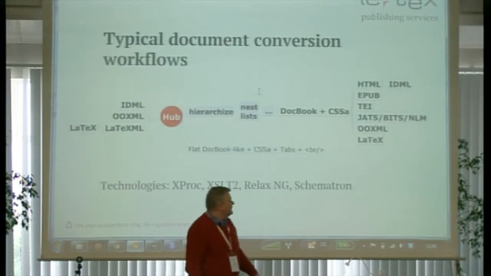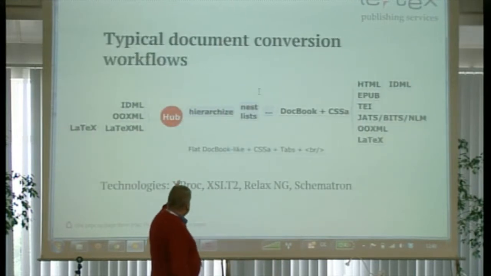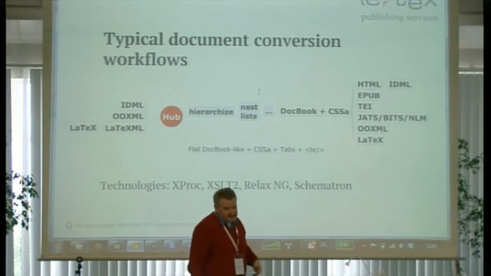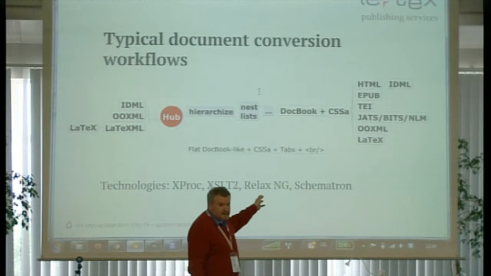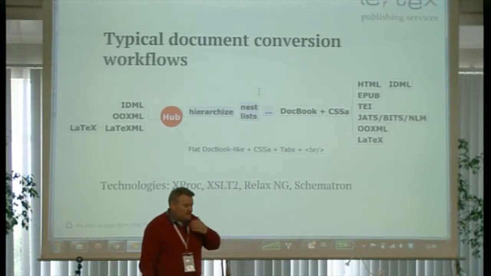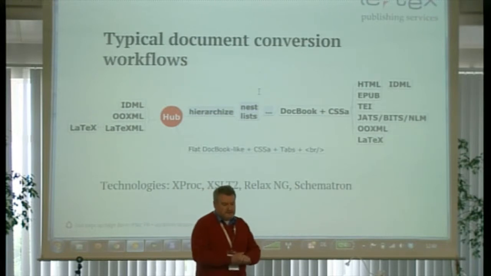And this is approximately what kind of input we are dealing with and what we do with it. We have essentially a flat input. IDML is the InDesign equivalent of DocX, and these are essentially flat formats.